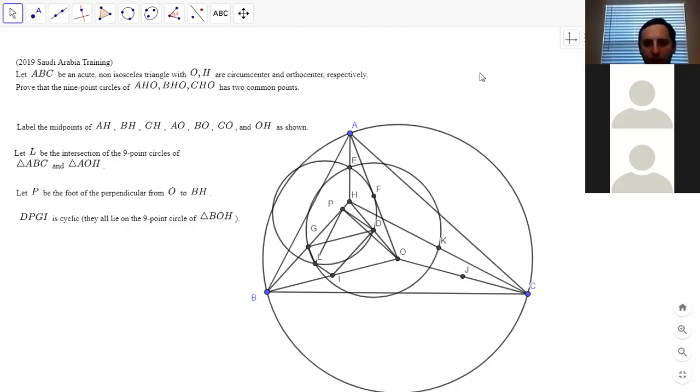Maybe there's some congruent triangles somewhere. So PL, we want to show it's half of BH.